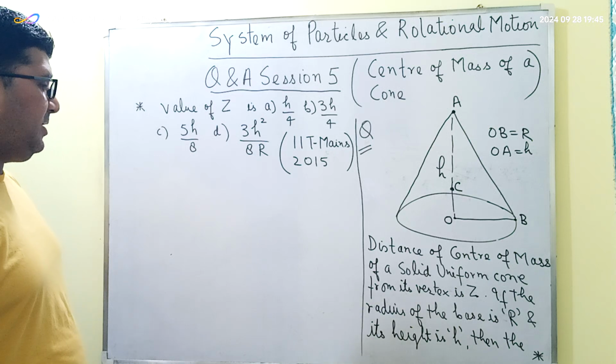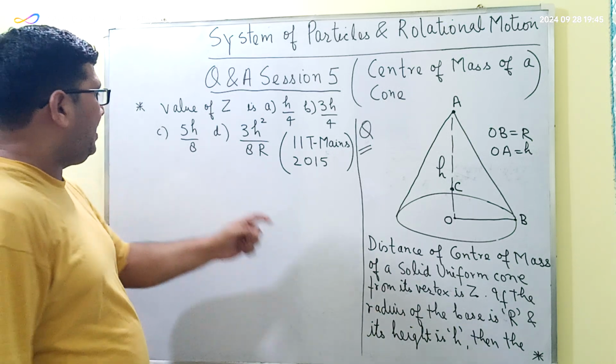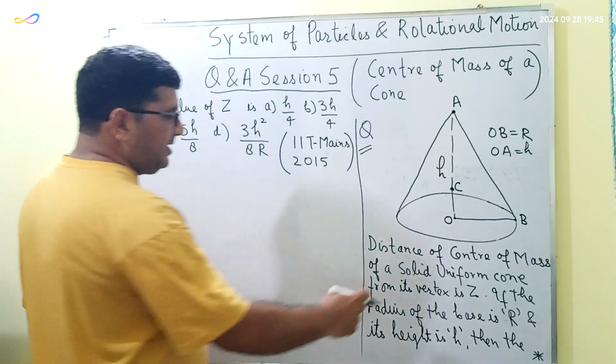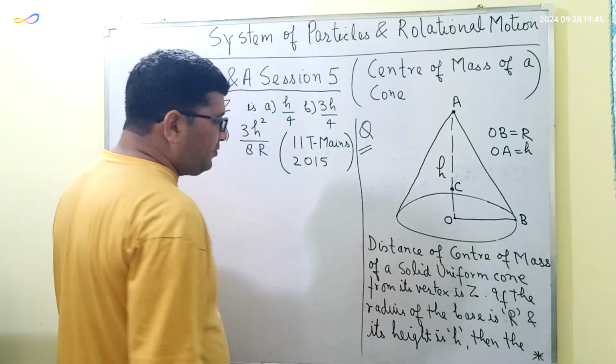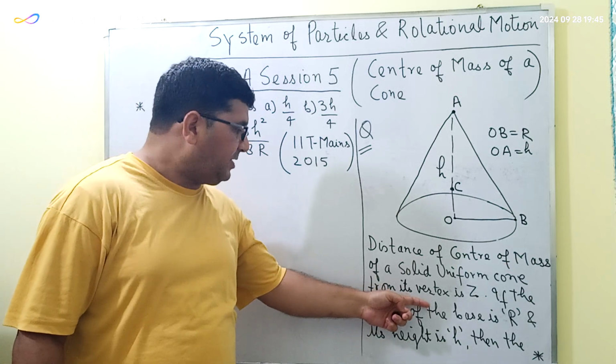So if the radius of the base is r and the height of the cone is small h, then what is the value of z? Z is the distance of the center of mass of this solid uniform cone from its vertex.